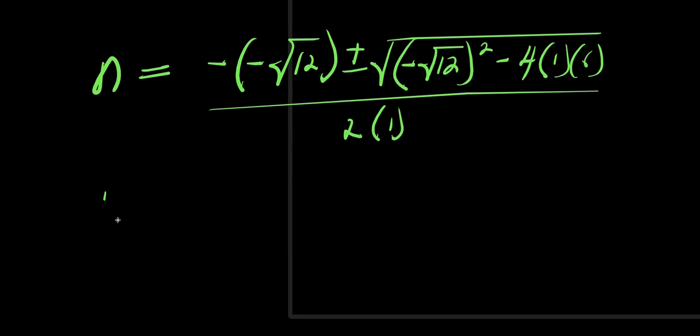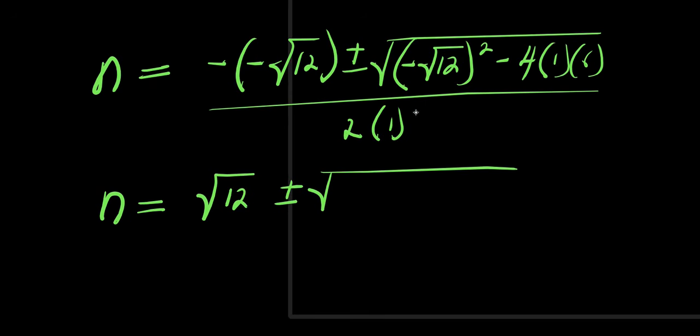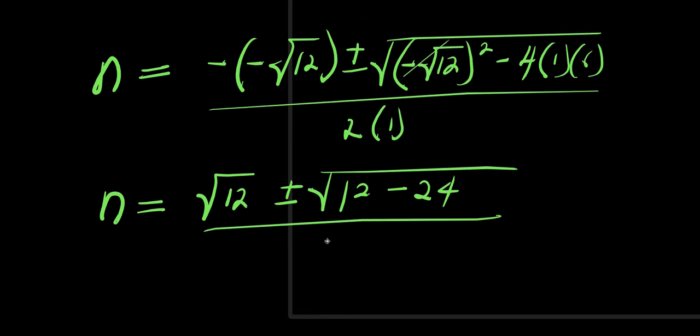So from here, n equals root 12 plus or minus the square root of, this is negative power 2, that is positive, root squared power 2, because this cancels this, that is 12, minus 24, divided by 2.